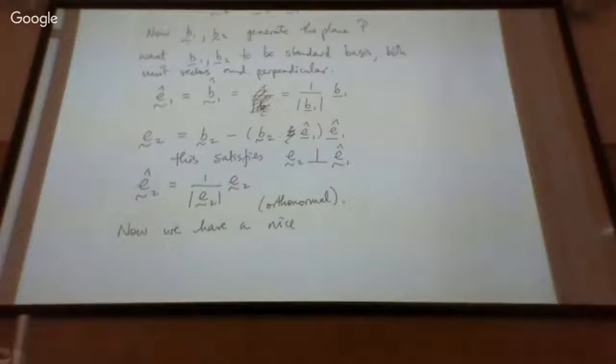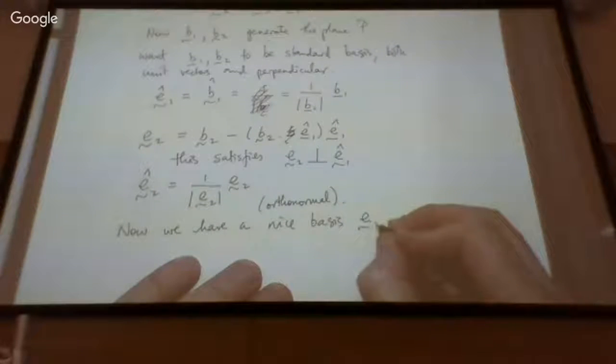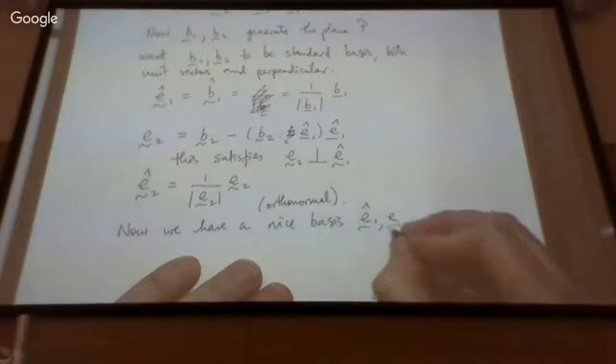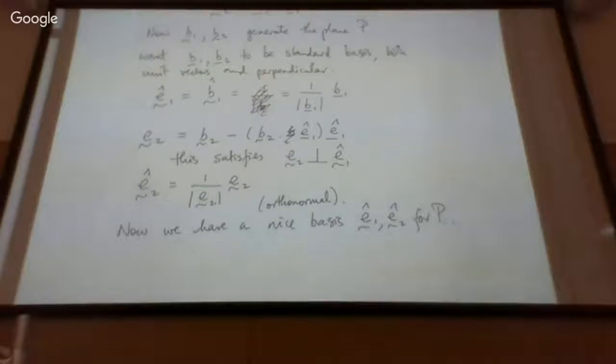So we now have a nice basis, the technical term is orthonormal. They're perpendicular vectors and they're both normal. They're both of length 1, both normalized. We have a nice basis of e1 hat and e2 hat for the plane P. They generate the plane. They're at right angles.